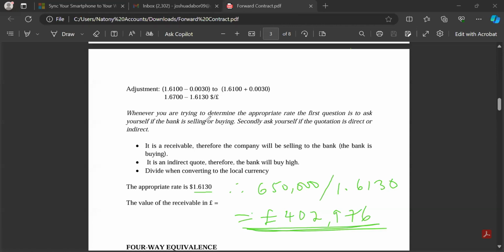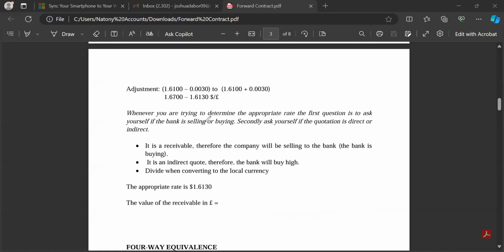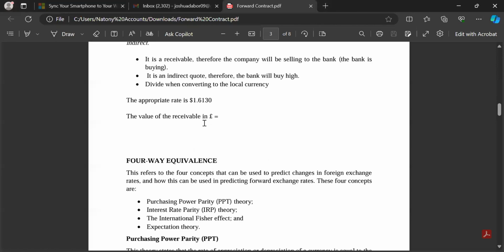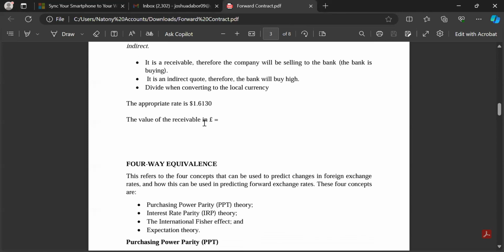In my next video, I will be talking about the four-way equivalence. How do you determine forward rates? We've looked at how to calculate the forward rates. That's what I will be teaching in the next video.